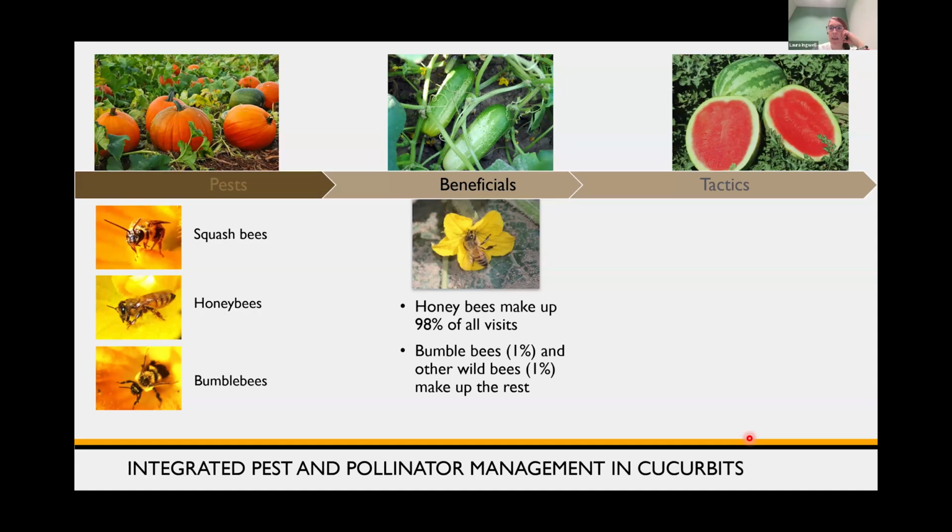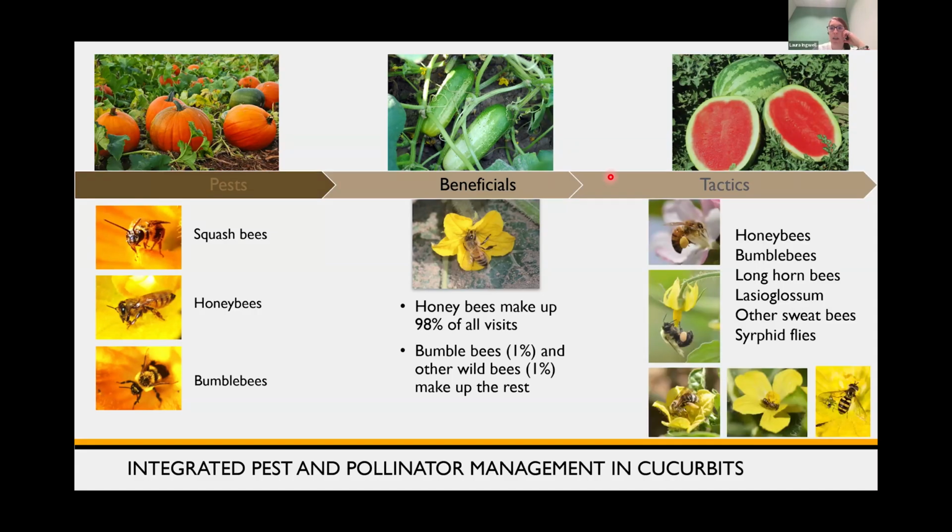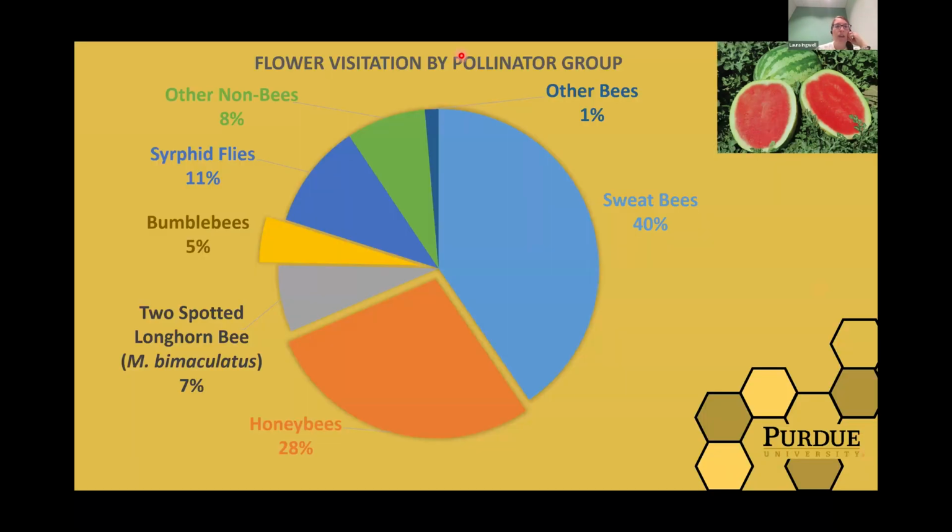And then lastly here we have watermelon pollinator communities, where these observations were done all over the state of Indiana. Of our cucurbit crops, this one seems to have the most diverse set of pollinators, and I will show you in the next figure what that pollinator community looks like. If we look at floral visits to watermelon flowers, 40% occur by sweat bees, really tiny little fuzzy bees that are black or metallic green.